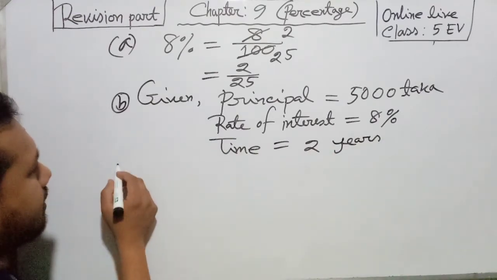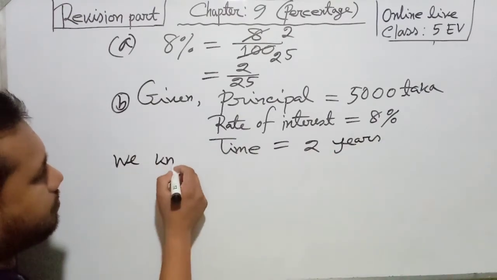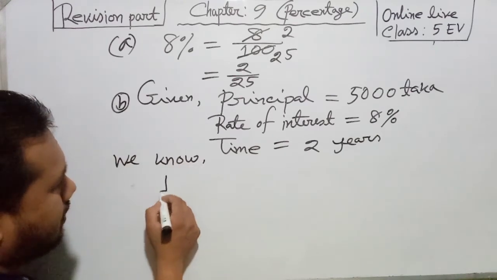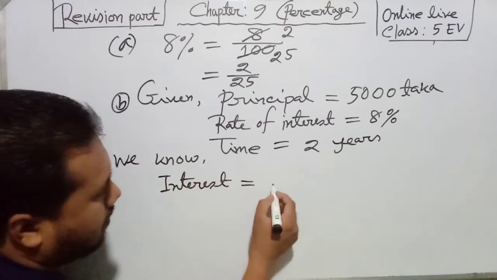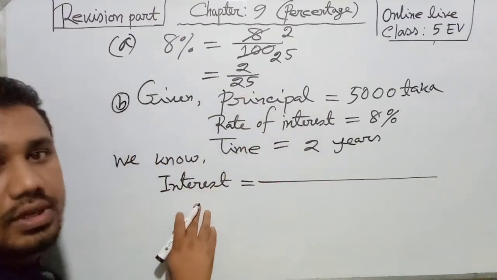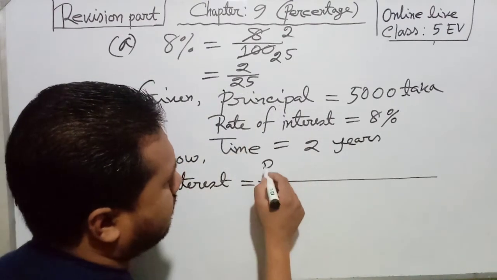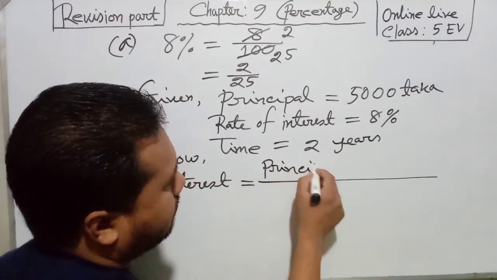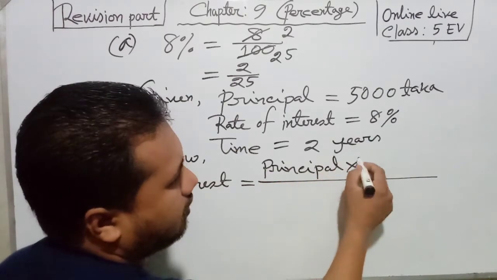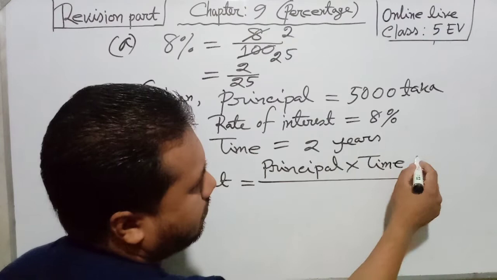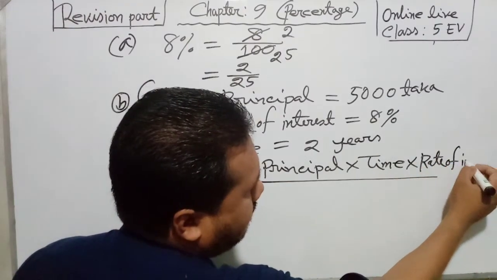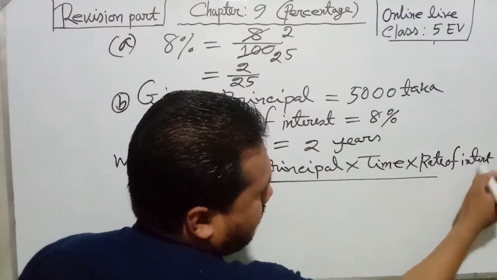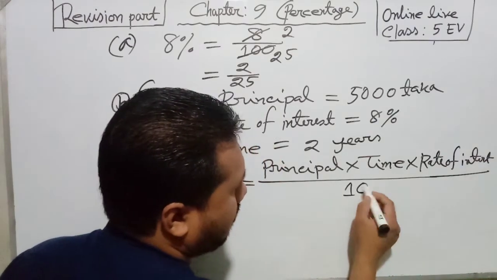Now we have to find the interest. So at first write the formula of interest. We know interest equals principal into time into rate of interest divided by 100.